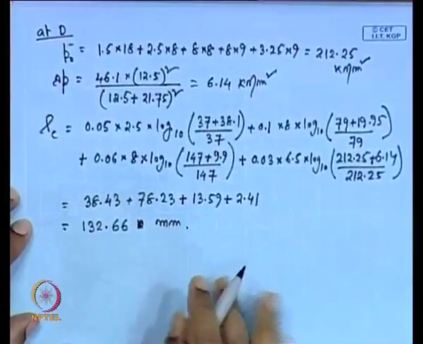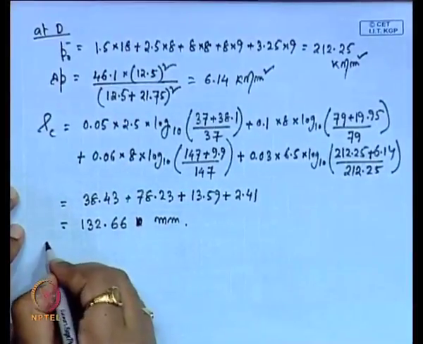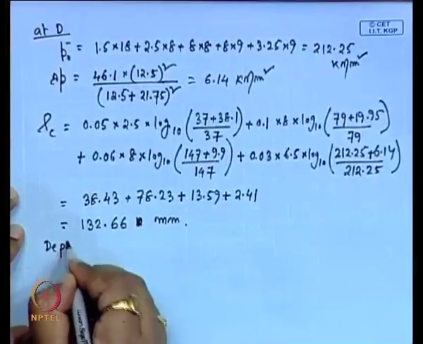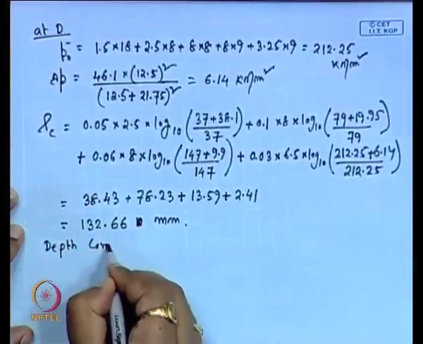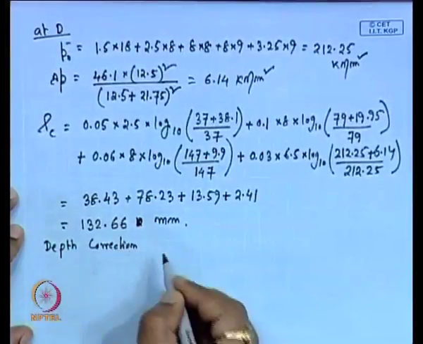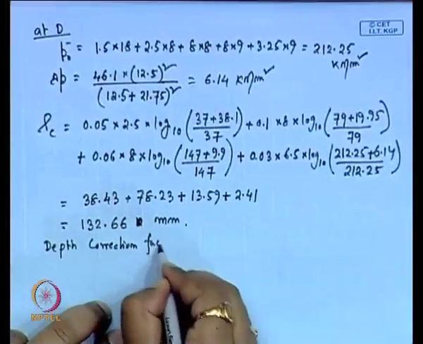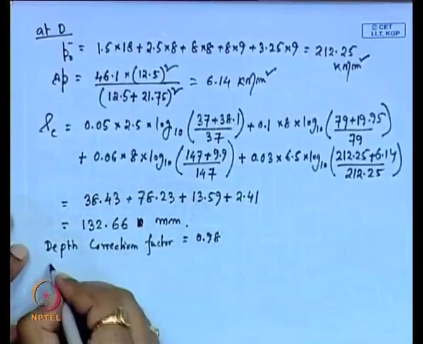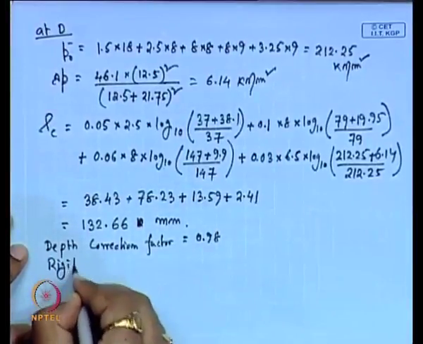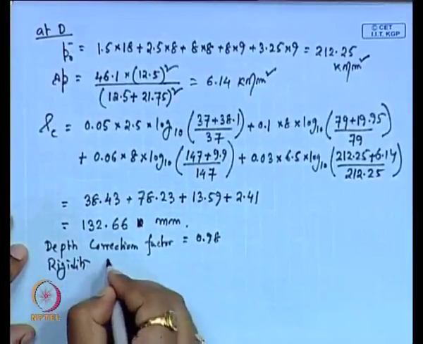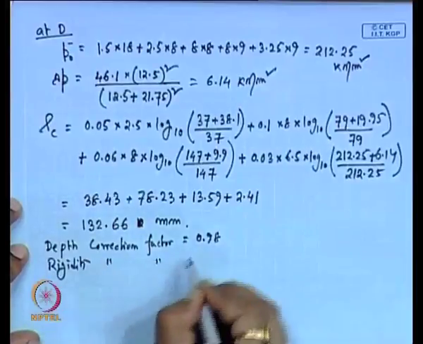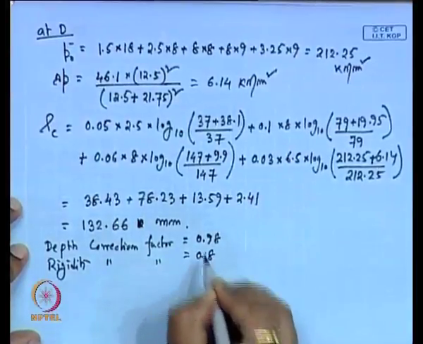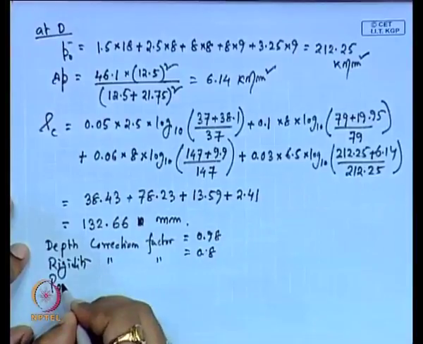millimeter. Now, the correction factors here: the depth correction factor is 0.98, this rigidity correction factor is 0.8, and then the pore water correction factor.